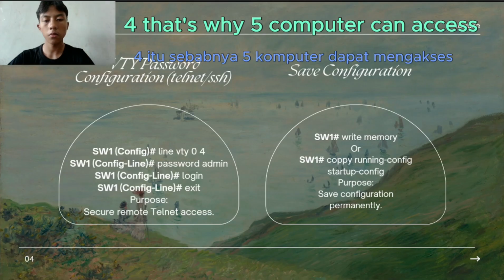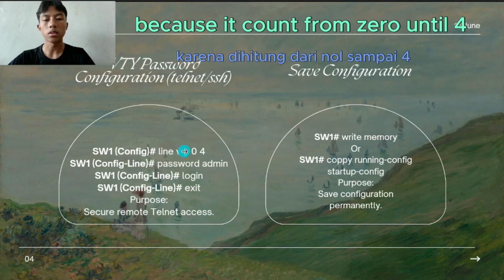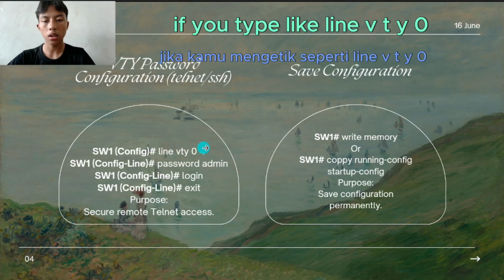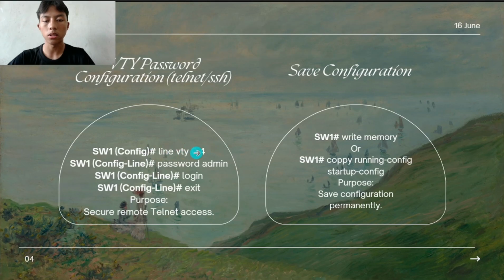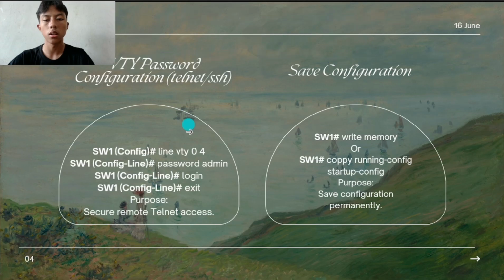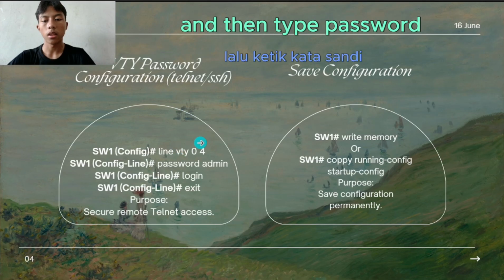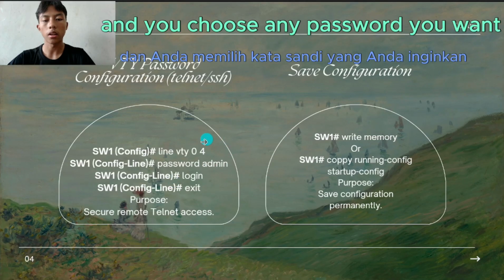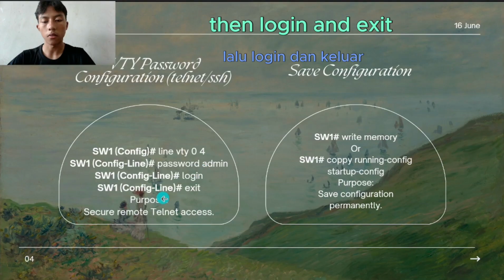That's why 5 computers can access, because it counts from 0 until 4. If you type line vty 0 3, it means 4 computers can access telnet or SSH, because 0, 1, 2, 3. Okay, and then type password and choose any password you want, then login and exit.